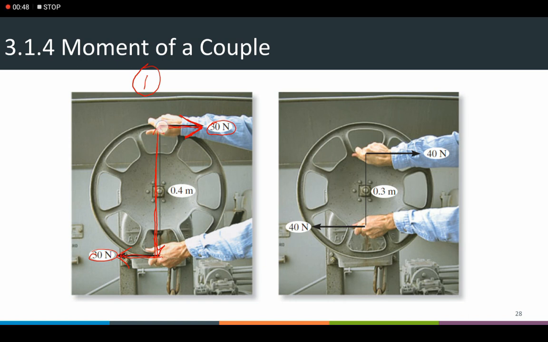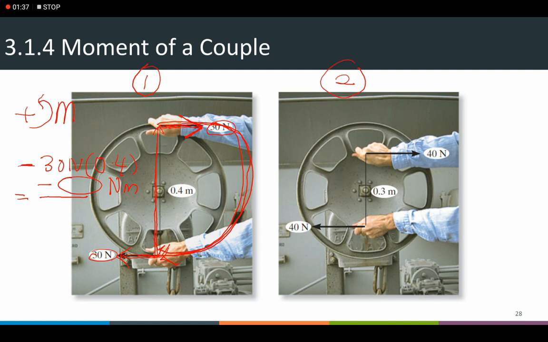Look here, this arrow is clockwise. This arrow is clockwise. We assume, as before, counterclockwise moment is always positive. So this is clockwise, negative 30 Newton times the distance 0.4, and then you can get the answer, negative something Newton meter.